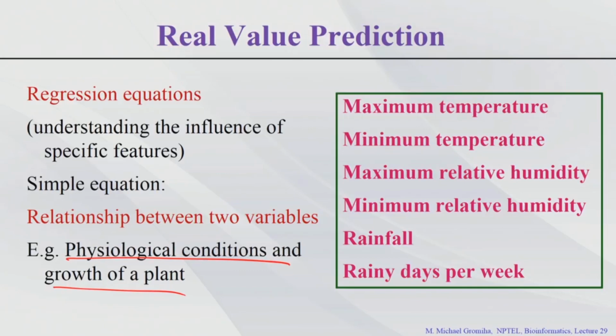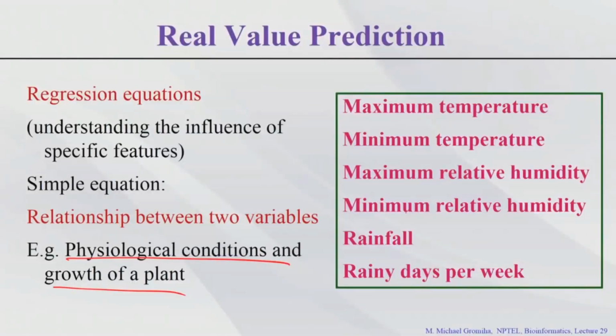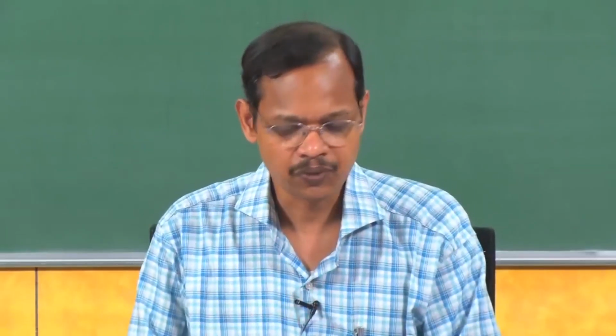If you grow a plant which requires high temperature in cold countries, it will not grow. Then there are the maximum and minimum relative humidity, the approximate rainfall, and the rainy days per week. If you go to the agriculture department, you can get this information for any local place.